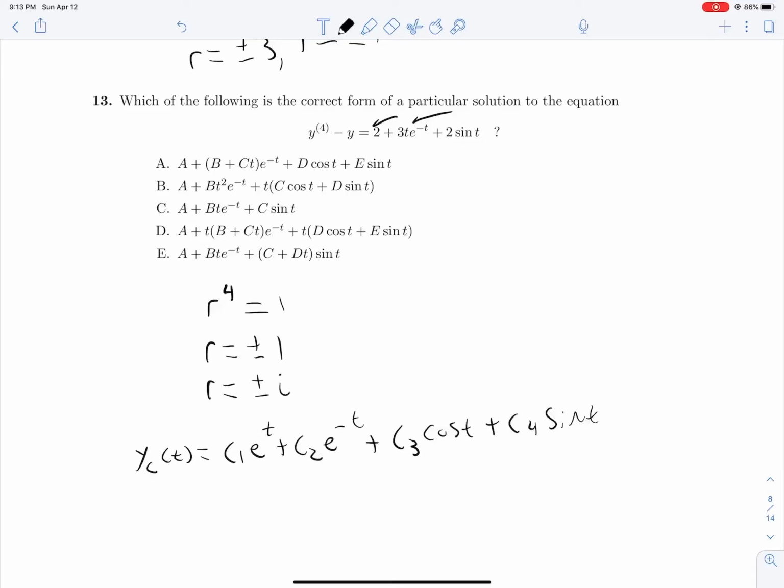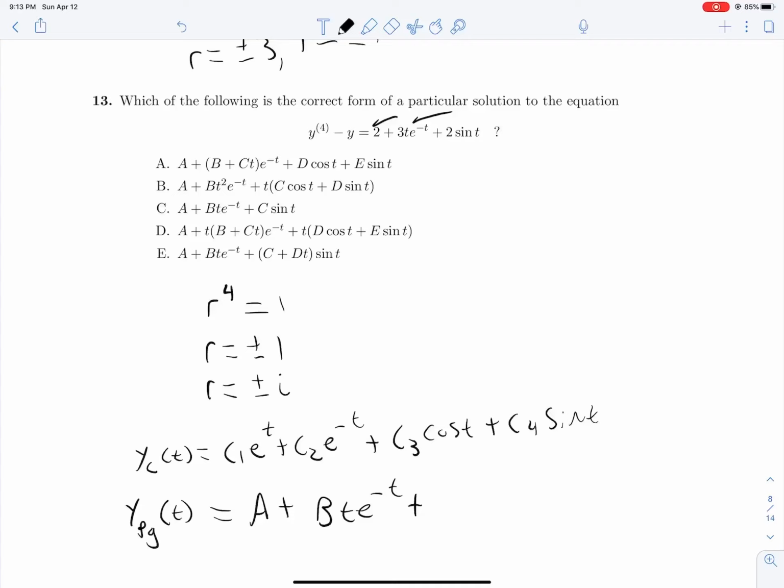And so our yp, our guess for y particular, will be, well, we said that 2 is good, so we can say some constant a plus some constant bt e to the negative t. We also said that was good. And remember, whenever we're doing this kind of guessing, whenever we see a sine, it has to be sine and cosine as a pair.